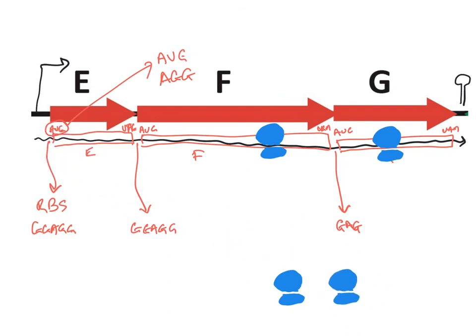So this gene E is never going to be turned into protein. So again, we'll be able to get protein made of gene F, and we'll be able to get protein made from gene G, but we won't get any protein made from gene E in this situation.